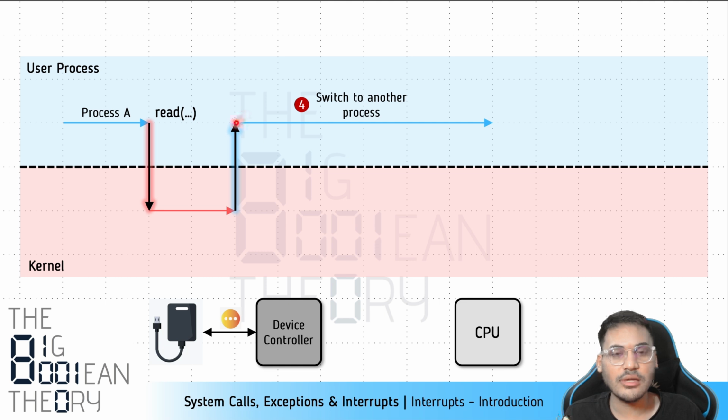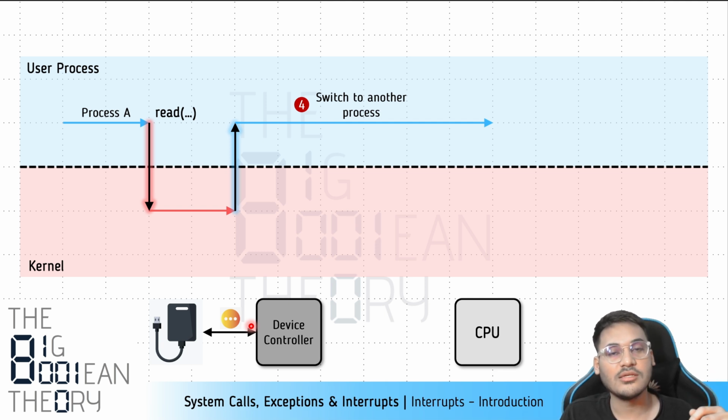So as you can see, in the meanwhile, when process B is executing, both the IO device is working and the CPU is executing instructions. So there is an overlap of operations. IO operation and computation on the CPU are both happening in parallel.